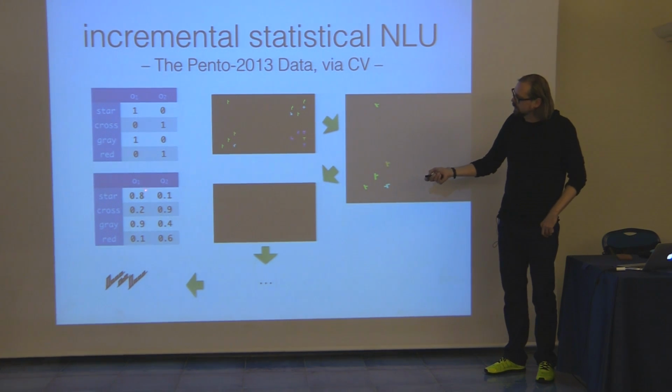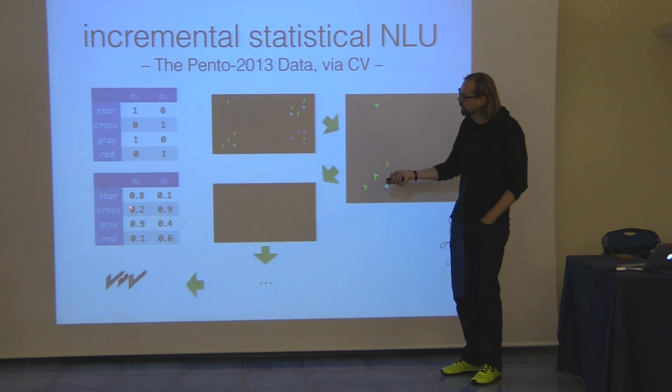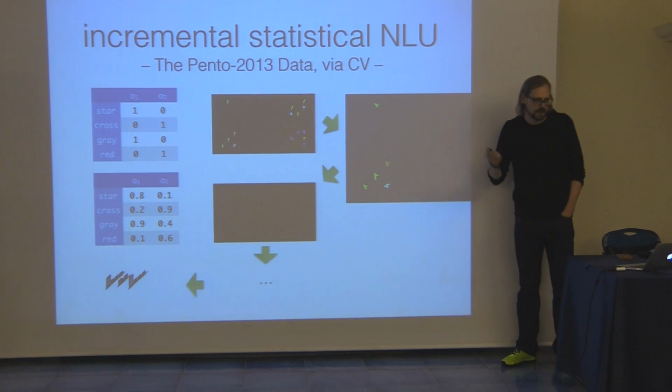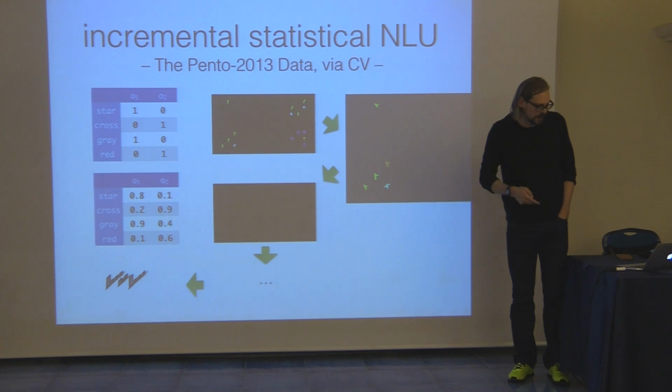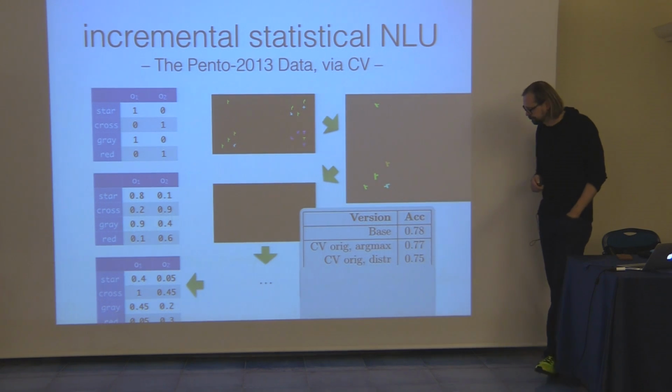So we assume with a 0.8 confidence that it's star-shaped, but it may also be cross-shaped, right? So we have classifiers for shape and color and stuff. And again, it's very straightforward to get this into this model. You just renormalize, and there you go.